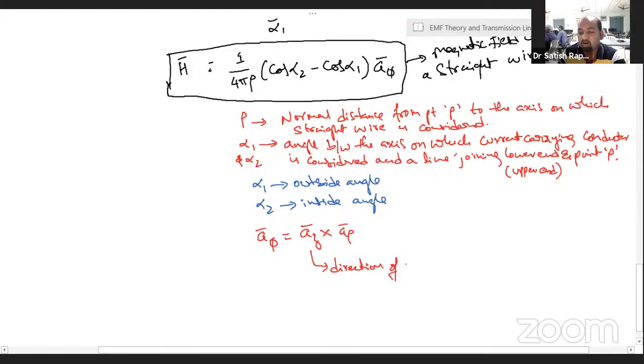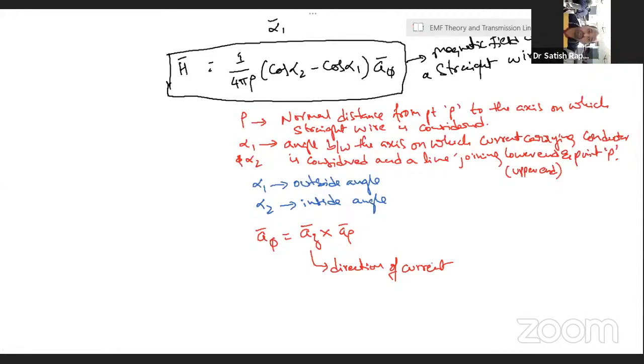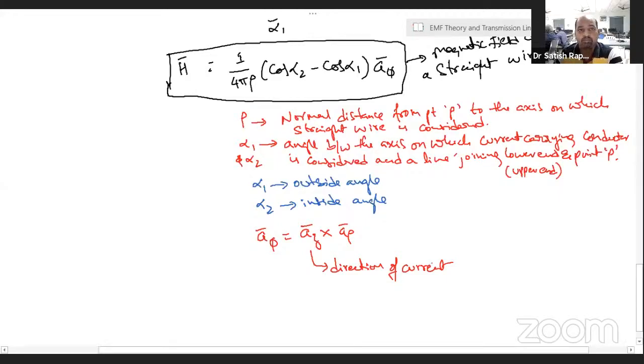So in the figure, the current is flowing in the positive z direction, right? And arrow bar.